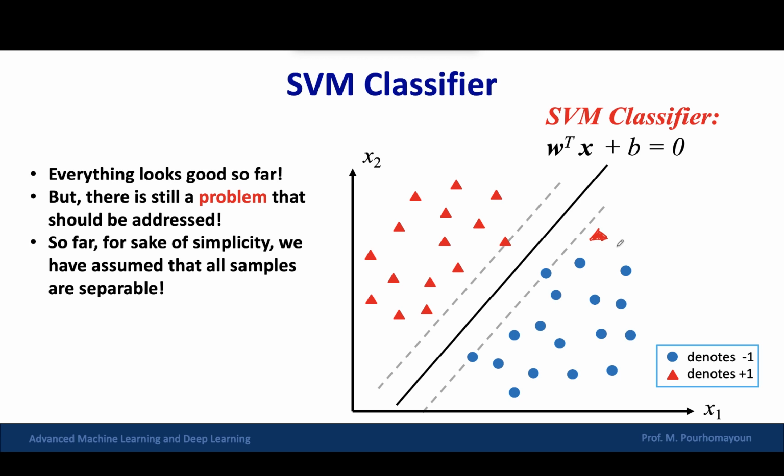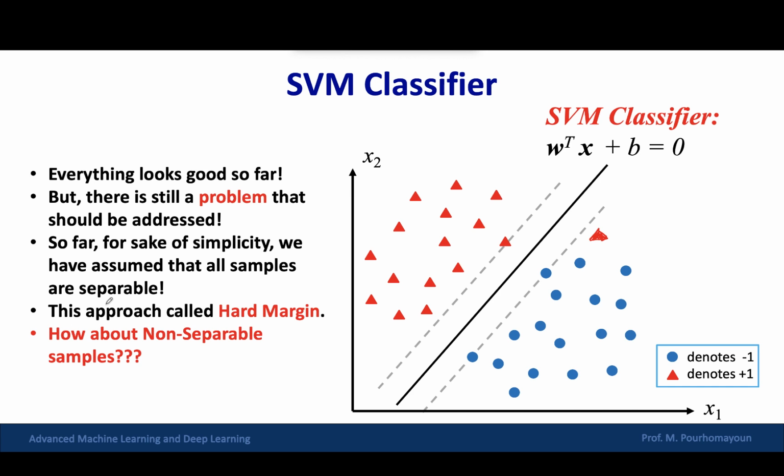So we cannot solve the problem only because of one sample. So for the sake of simplicity, we have assumed that all of the data samples are separable. This approach is called hard margin. So we make sure that everything is on the correct side.